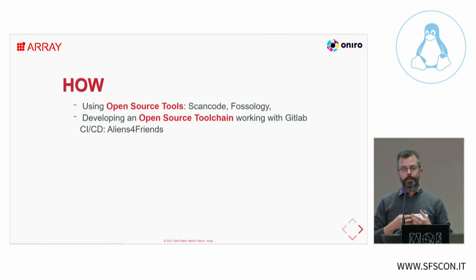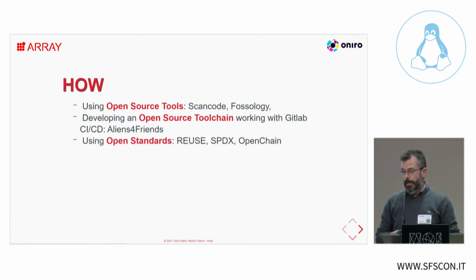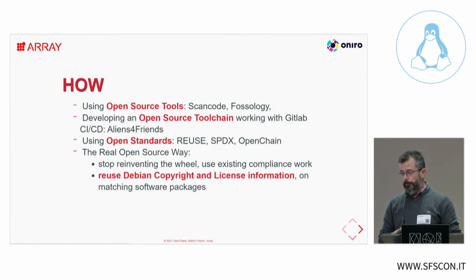But that is not enough for us, and for the challenges we have faced, we have created a new open source toolchain that we call Aliens for Friends, which is the subject of the presentation today. Of course, remember open standards. And also the approach is the real open source way.